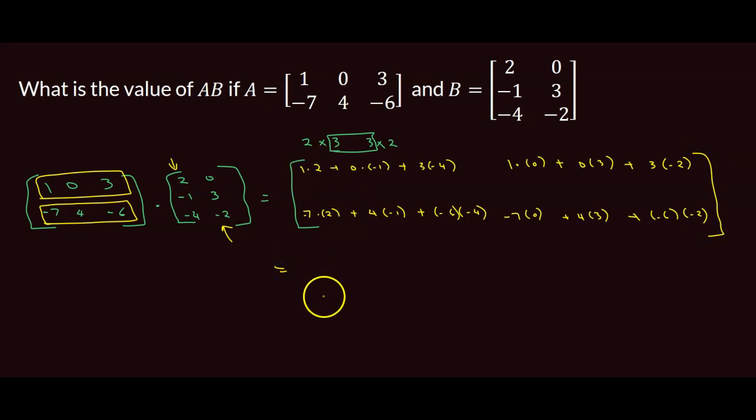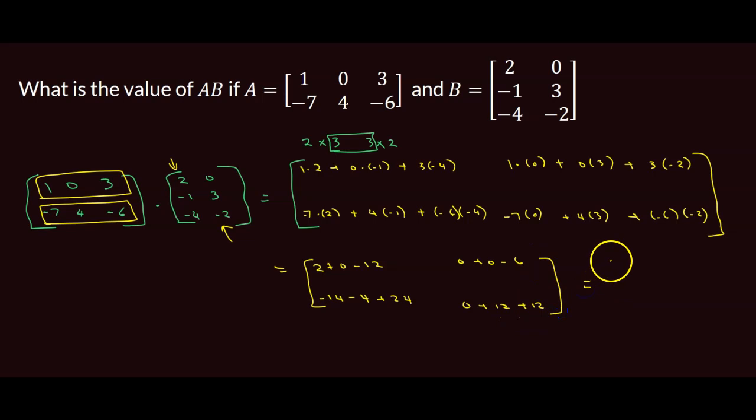1 multiplied by 2, that's going to give us 2 plus 0 minus 12. This is going to give us negative 14 minus 4 plus 24. And then on this column here on the right side, we have 0 plus 0 minus 6. And then we have 0 plus 12 plus 12.